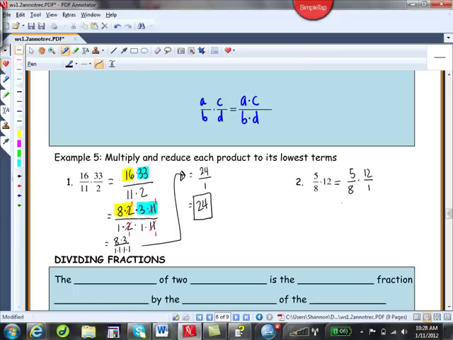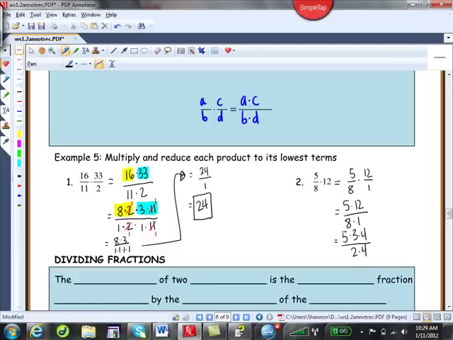So this is going to be 5 times 12 over 8 times 1, which will give us 5 times, I'm looking at 12 and 8. What's the largest number that divides both of them? You got it. 4 divides both. So I'm going to write 12 as 3 times 4. 8 times 1 is just 8, so I'm not going to worry about that 1 there. And I'm going to write 8 as 2 times 4.